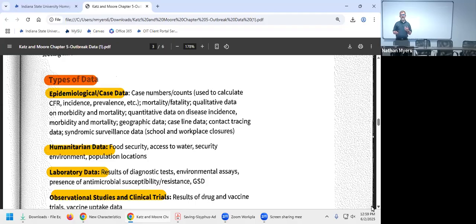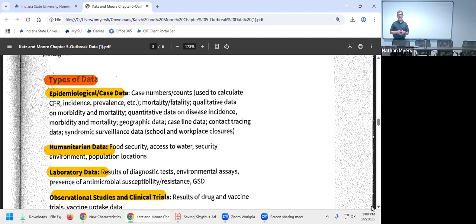So, a lot of that data that's being reported currently is infections in animal populations, chickens and other poultry, wildlife, as well as cattle. But of course, there's also data that's being reported as far as humans as well.